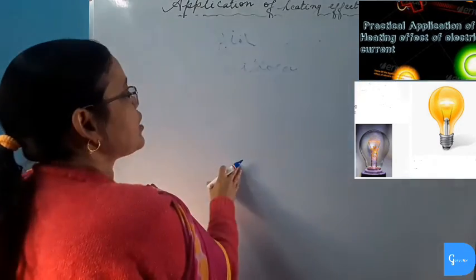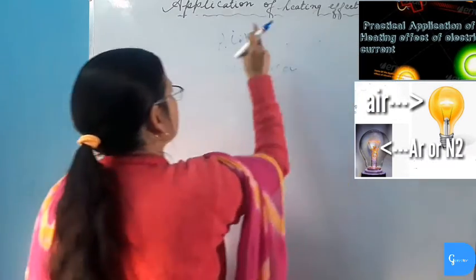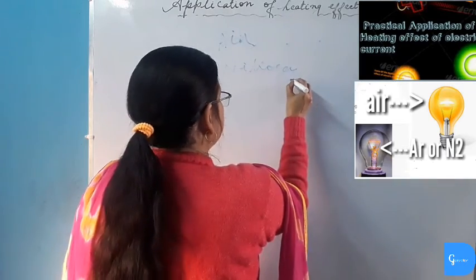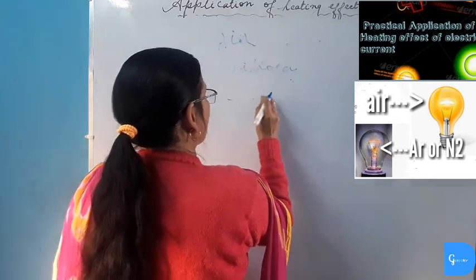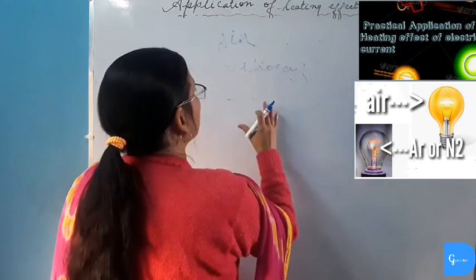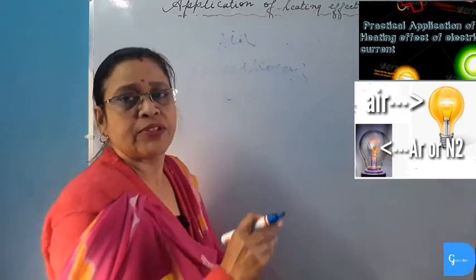So this bulb will not last long because it will burn as oxidation reaction takes place in presence of air. In case of nitrogen filled bulb, nitrogen is inert gas. In that case, the tungsten when becomes white hot will emit light and it will not be oxidized. So the nitrogen filled bulb will have longer life than air filled bulbs.